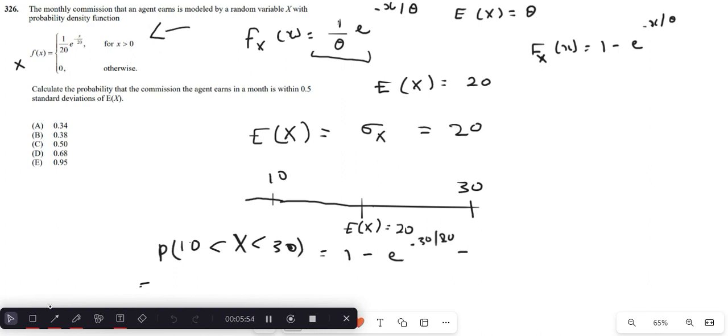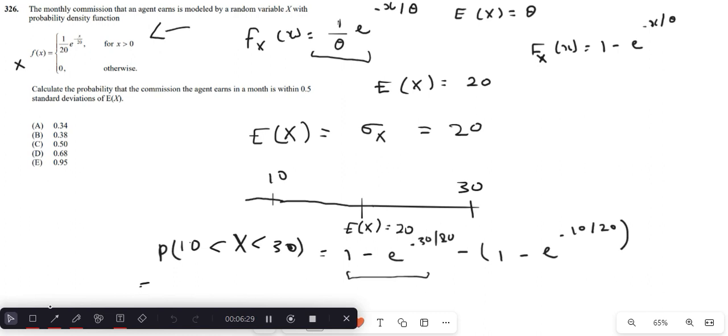To get the probability of X between 10 and 30, I subtract the cumulative probability up to 10, which is 1 minus e to the negative 10 over the mean, 20.